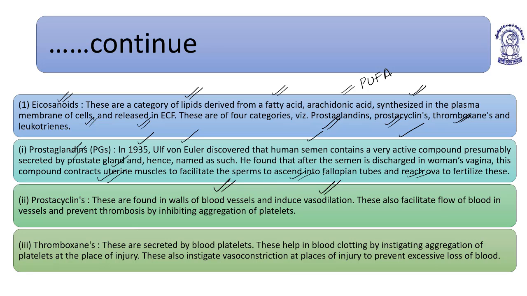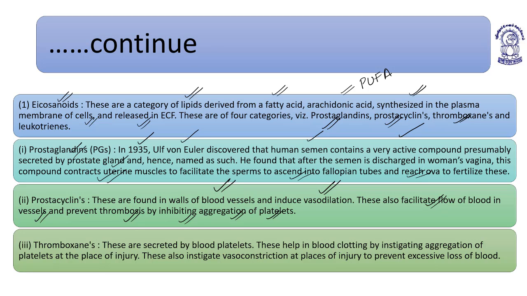Prostacyclins are found in the blood vessel walls and induce vasodilation. They also facilitate flow of blood in vessels and prevent thrombosis by inhibiting aggregation of platelets.